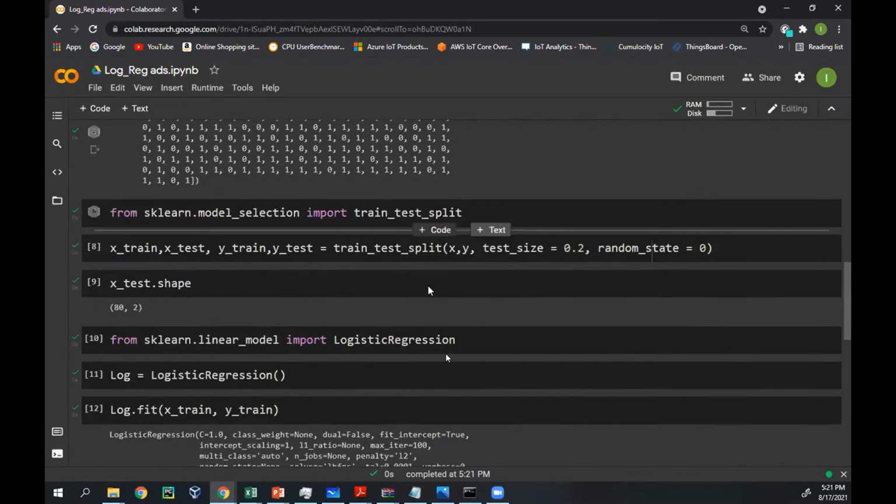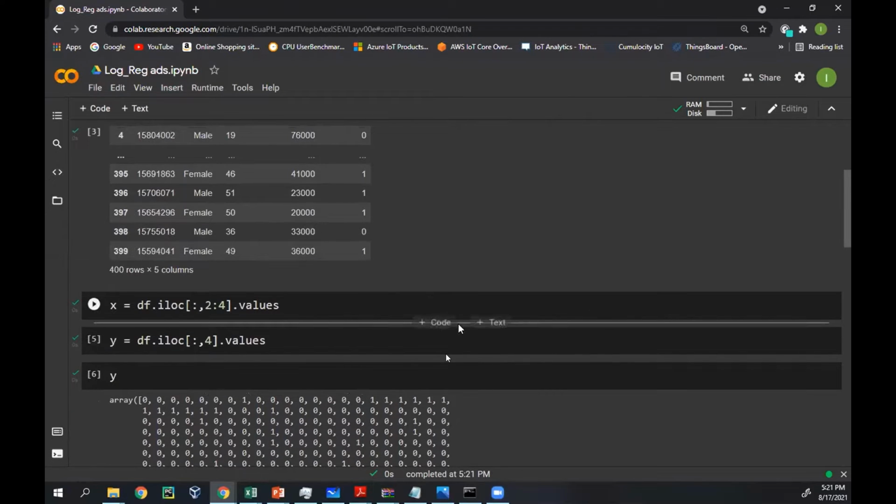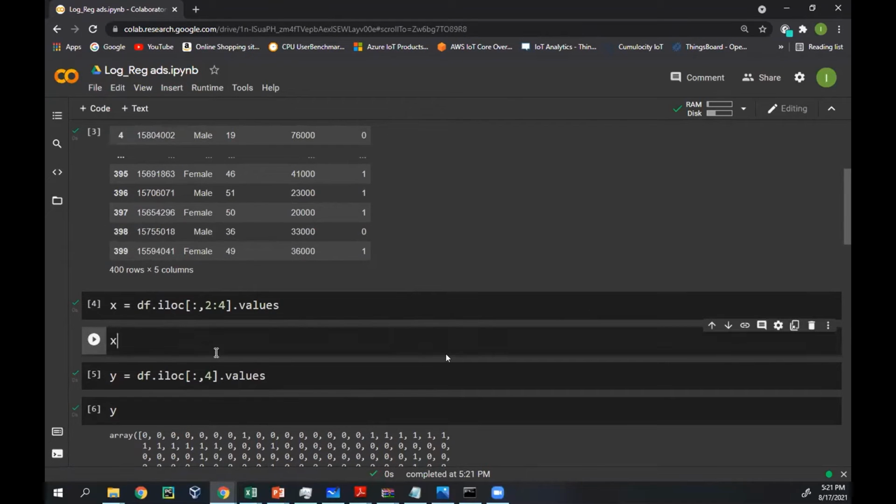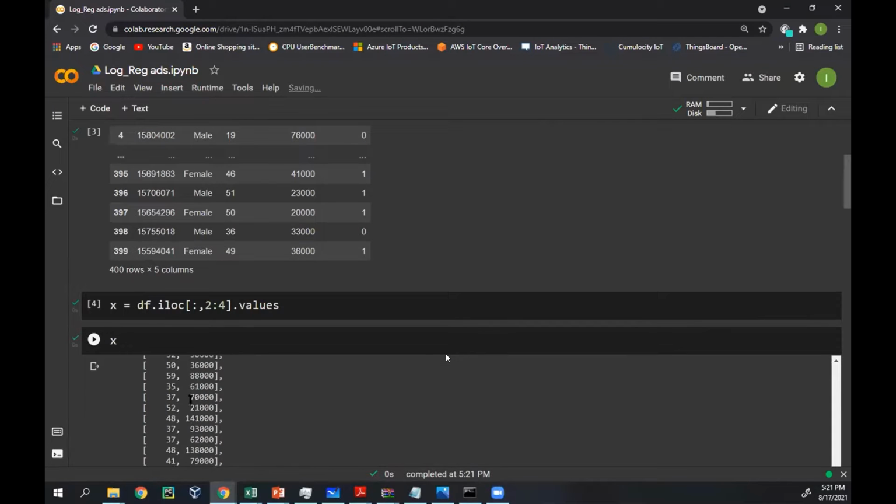Now basically I have to check this x value. If I give this x value here, you can see that we basically have two columns, correct, guys? One column is for the age of an individual, and the second column is for the salary.